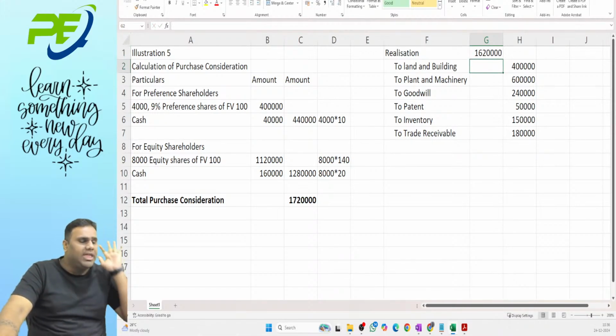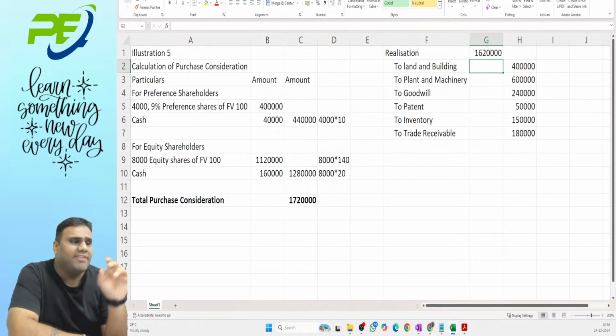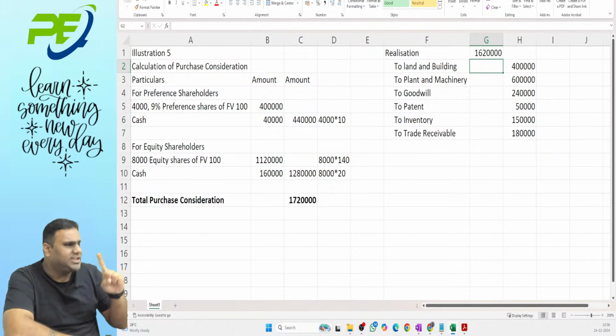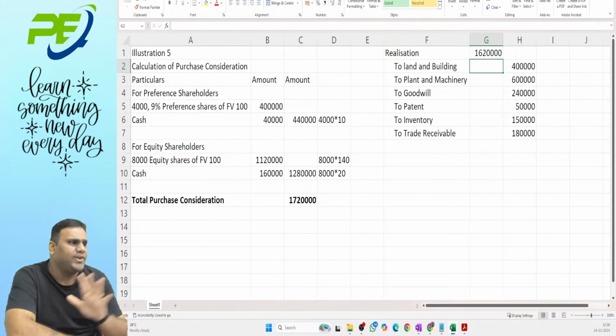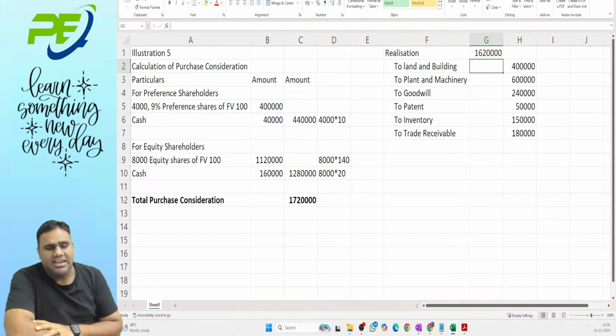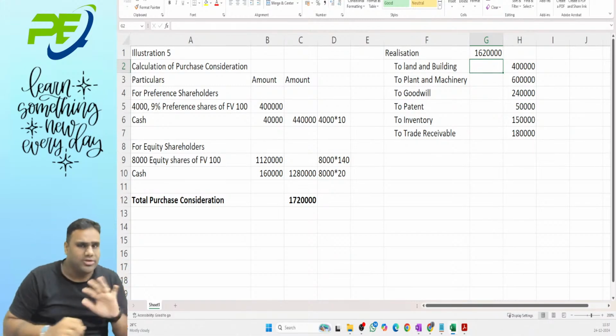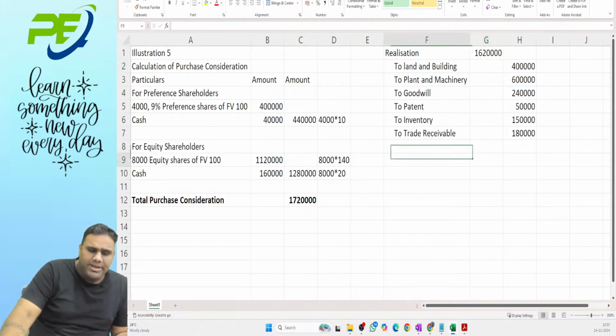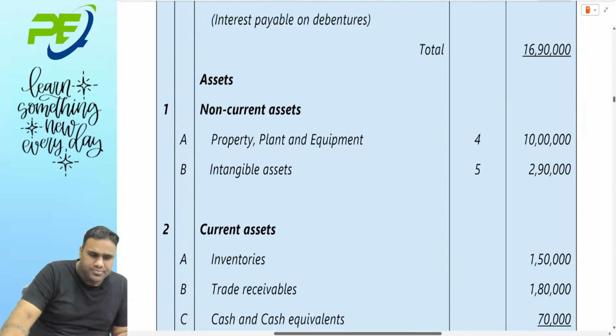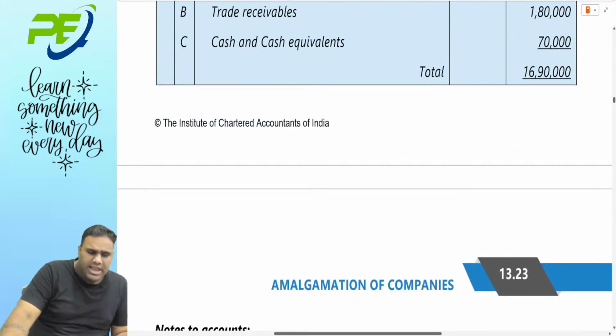Now, can we pass individual entries? First, waste of time. Second, we will not give you marks. All the assets should be transferred together. If I pass separate entries, realization to land and building, realization to plant and machinery, not allowed. All the assets have been transferred except cash. Then, transfer of liabilities.